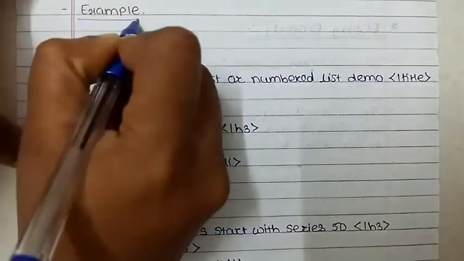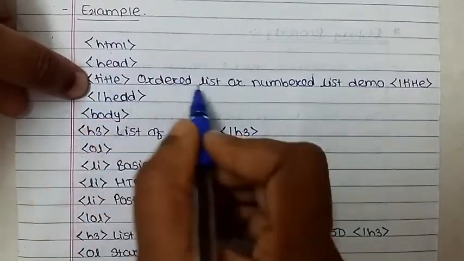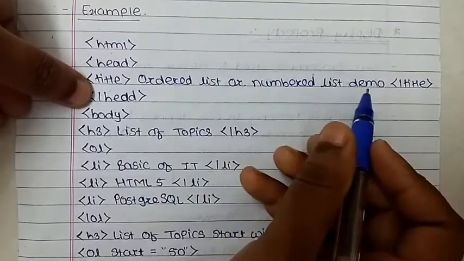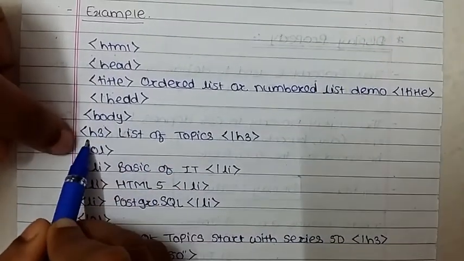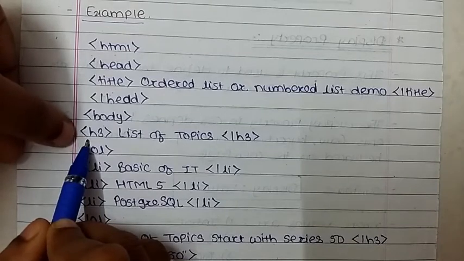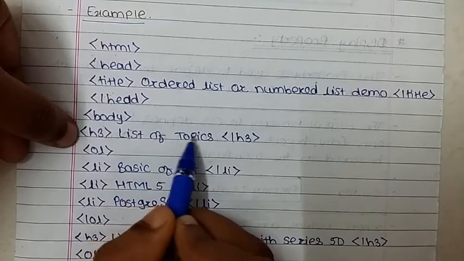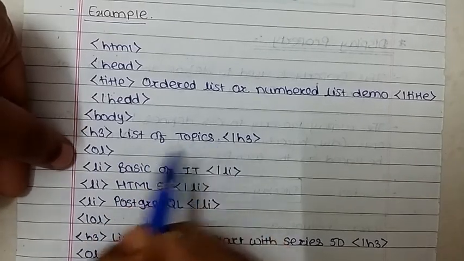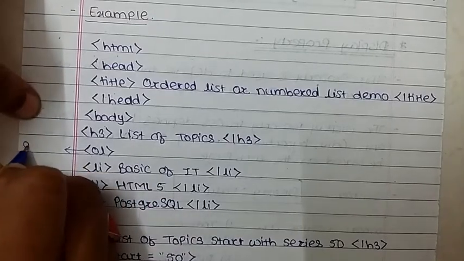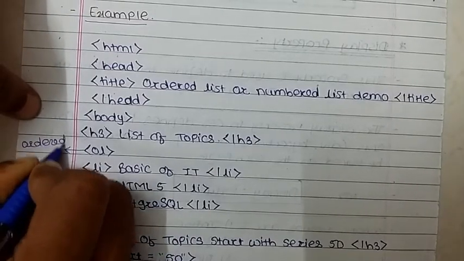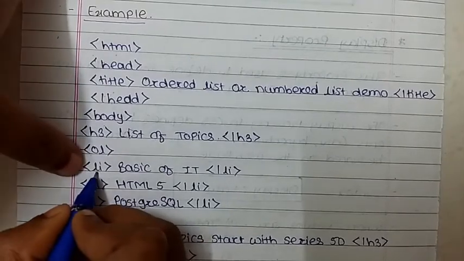Example. So the HTML tag is used here, then head, title. In the title tag we define ordered list or number list demo, then the head tag closes here, then the body tag opens here, then we use an h3, heading 3 tag to print some heading, that is list of topics, and then close the h3 tag. Then the OL tag for ordered list, and the LI tag for what?